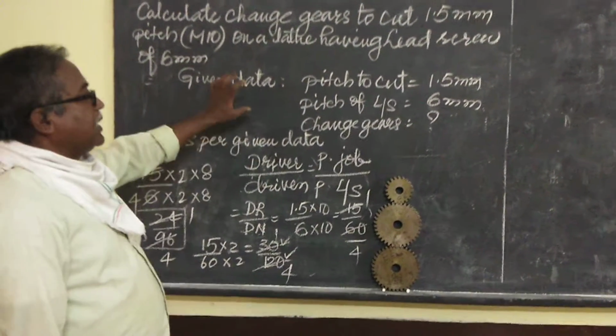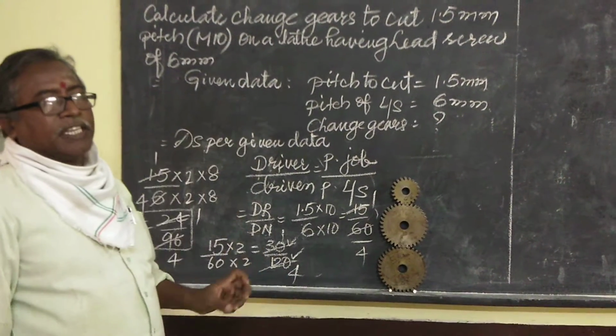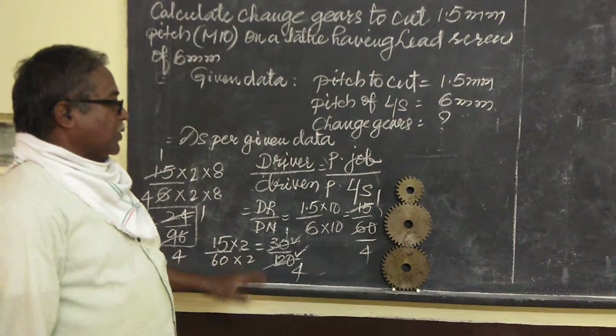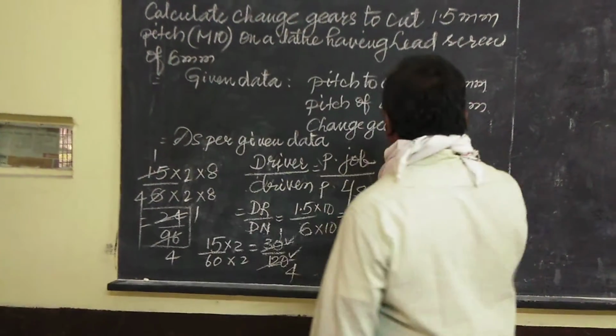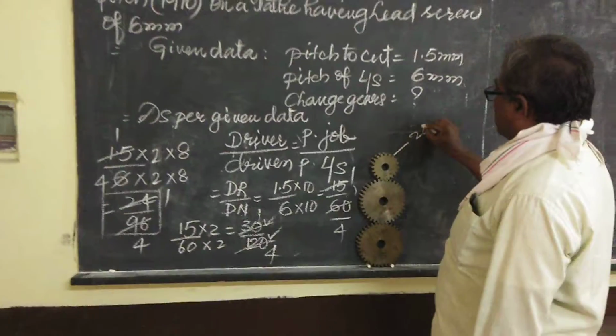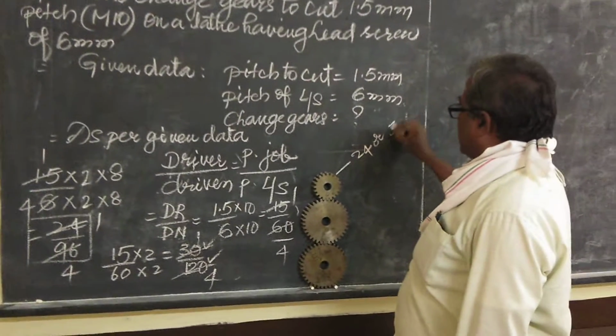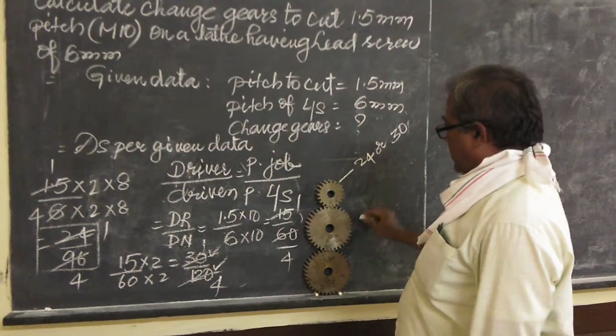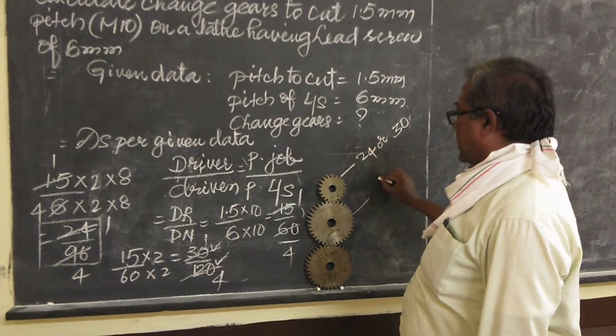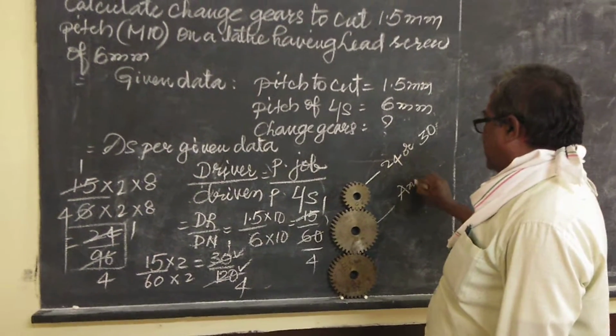That is called gear ratio. Change gears are gear ratio. This is the driver gear. This will be 24 or 30. Then this is the idler gear, any number of teeth.